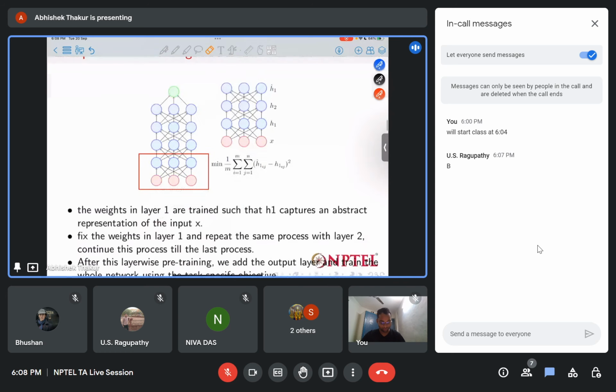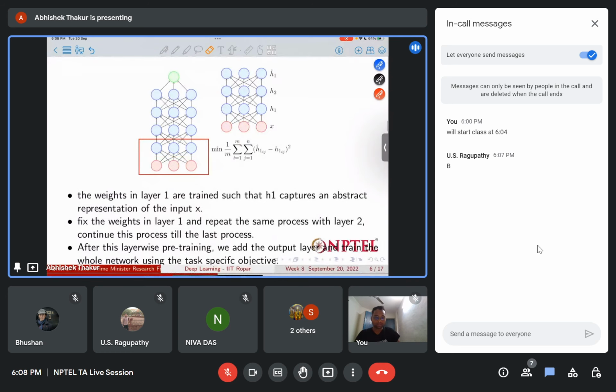Before that, we'll move on to this. On the left side, this is our network. What happens in unsupervised training? First we take the weights in layer one, only this part, the part in the red box.